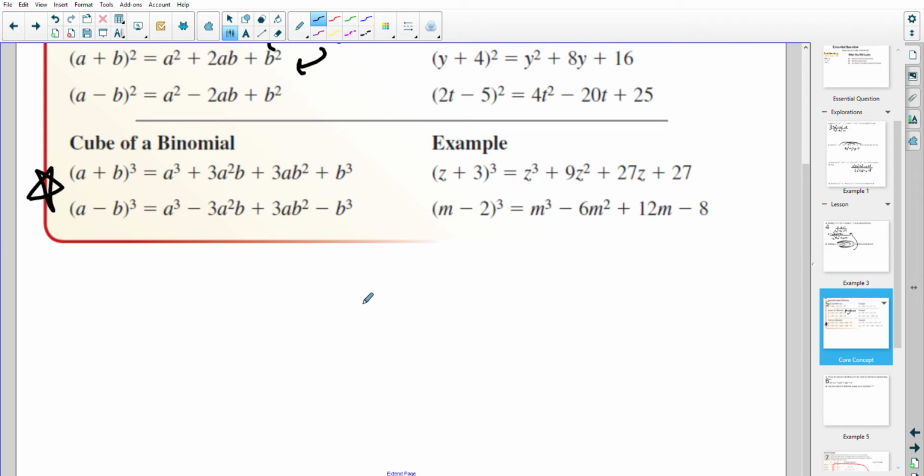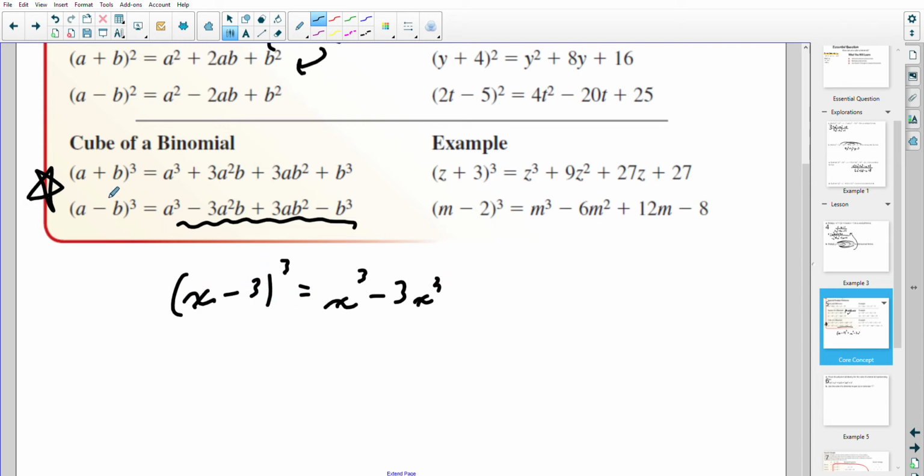that. An example for this would be something like x minus 3 and cubed. And so when you do this, your a is x, your b is 3. So if you look at this pattern right here, it's x to the third minus 3 x squared.